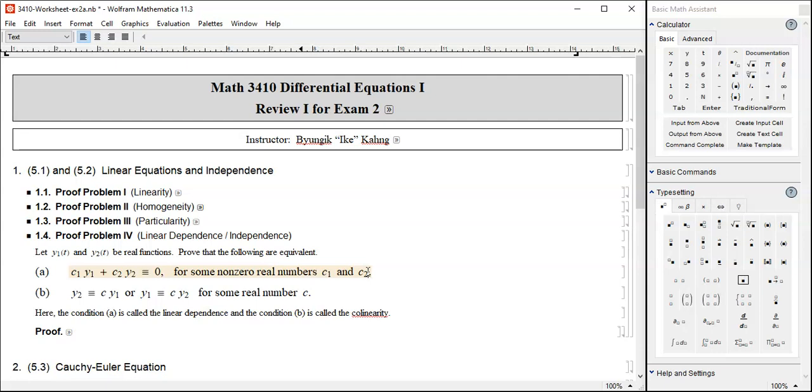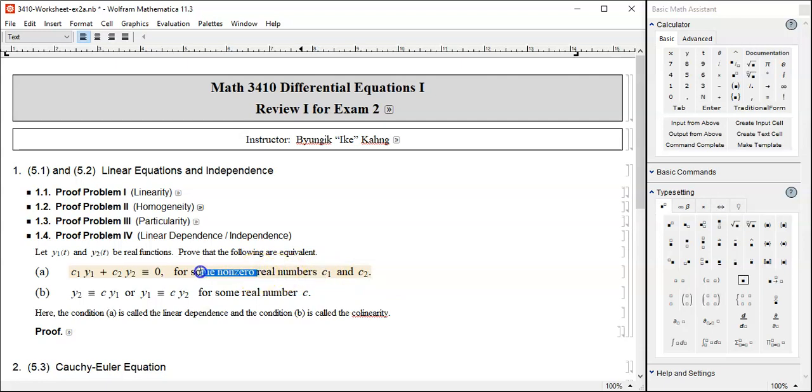Excuse me, I have to correct this. For some non-zero real numbers c1 and c2, it looks very much like both are non-zero. That wasn't what I wanted.